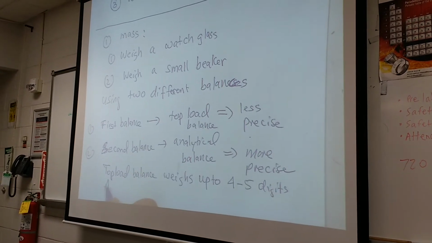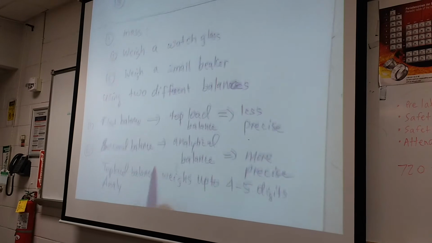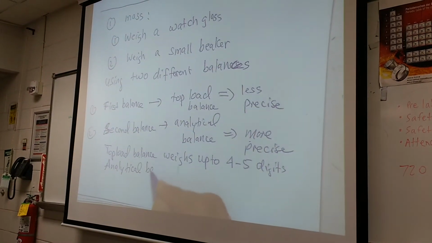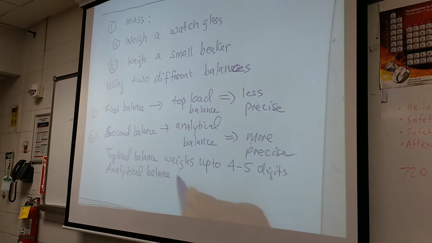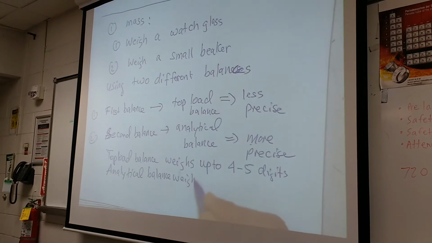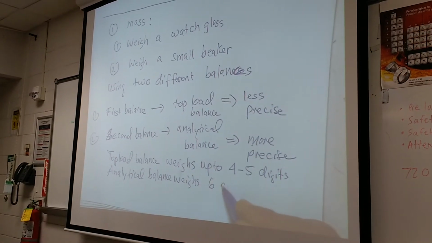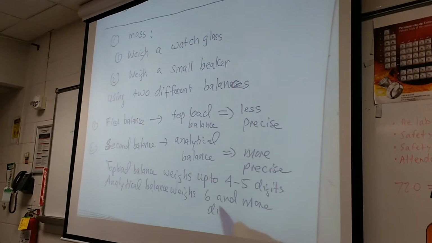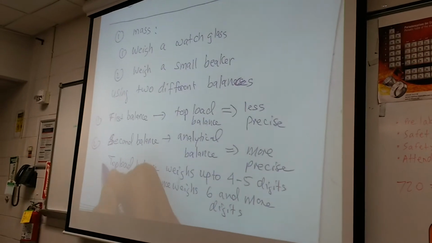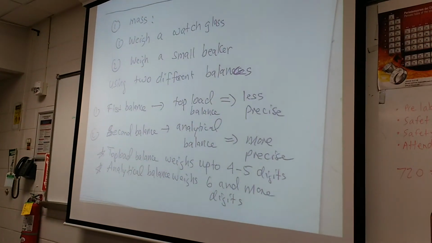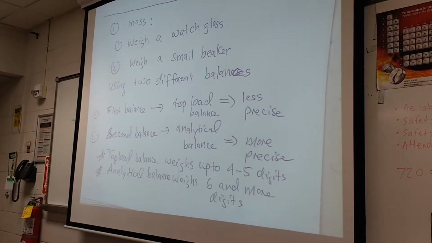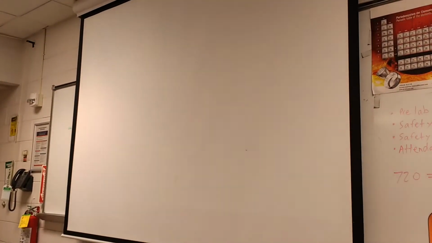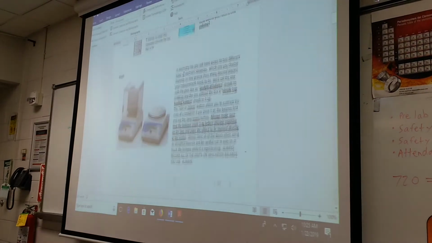The analytical balance weighs 6 and more digits. So that's the difference between the two balances. And if you can give me just 1 second, I'll switch to show you how those two balances are different.